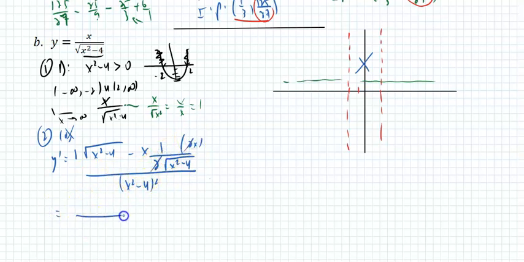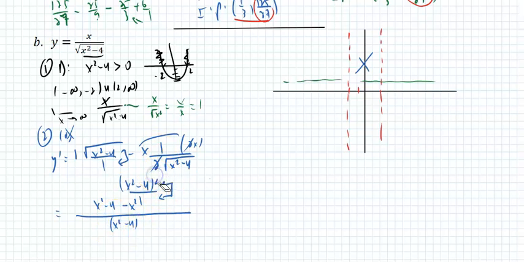So if I clear the fractions, multiply by radical x top and bottom, I'll get x squared minus 4 minus x squared over x squared minus 4. Oh, that's not squared. When you square it, you get rid of the radical, right? That's all. So when you multiply this times the 1 plus 1/2 is 3/2.